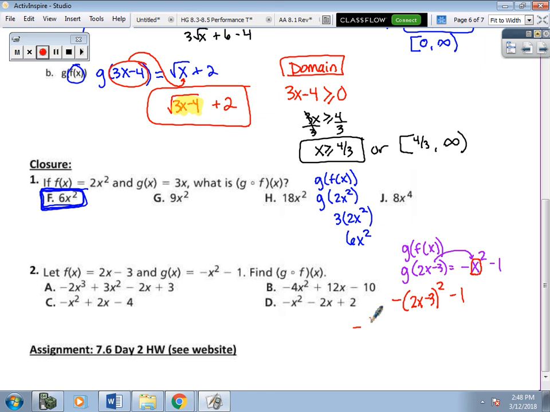The negative is just going to stay out front, and we're going to still expand this and FOIL it to get 4x squared minus 6x, which will be minus 12x, plus 9. And then we have that minus 1 at the end. We'll distribute the negative to get negative 4x squared plus 12x minus 9, and then we will subtract 1 from that, and we will get negative 10. The answer here should have been letter B.